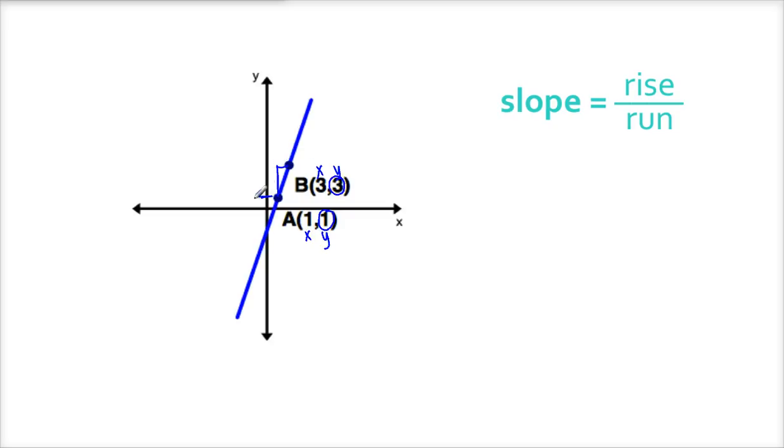Okay, how long is that line then if it went from 1 to 3? Well, to find a distance, I would just subtract. I would do 3 minus 1, and that means this line is 2. So my rise is 2.